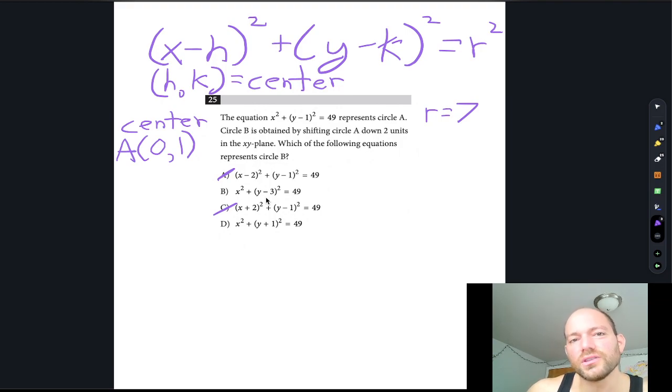It doesn't automatically make B wrong, but it does mean that B is a bit of a suspicious answer. So it's probably a trap. So if I wasn't quite sure how to do this question, I would definitely want to eliminate B, because it just seems like that's too easy for number 25.